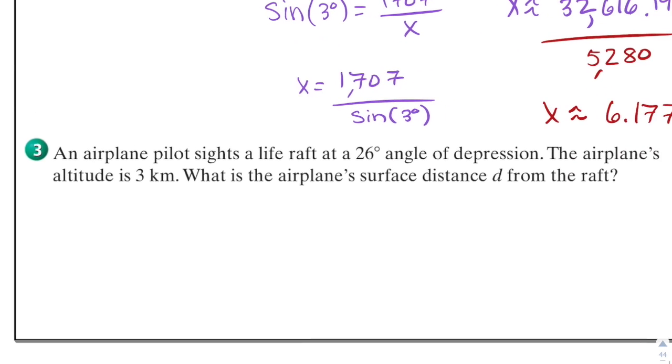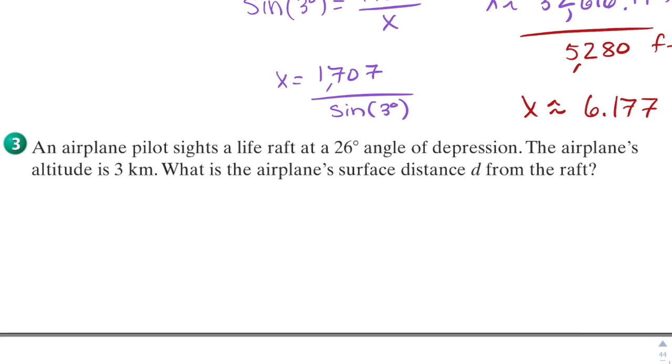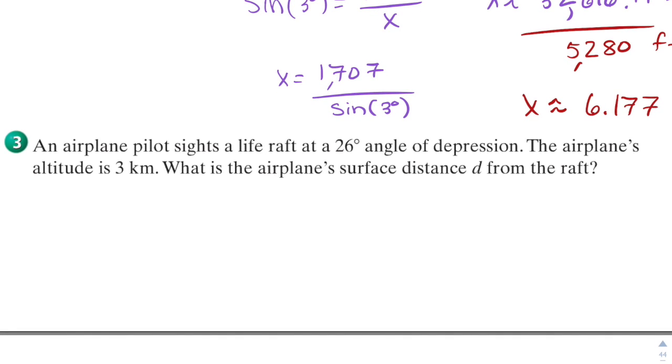Let's do it. An airplane pilot sights a life raft at a 26-degree angle of depression. The airplane's altitude is 3 kilometers. So I'm going to draw the altitude as being 3 kilometers. And the airplane sees a raft at a 26-degree angle of depression.